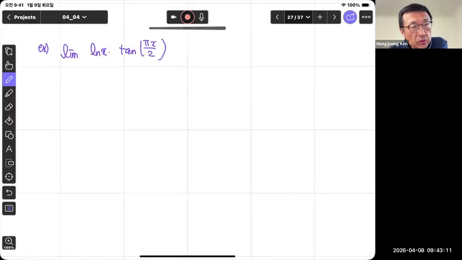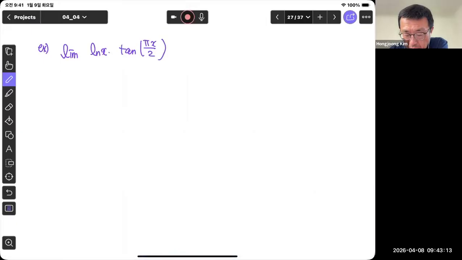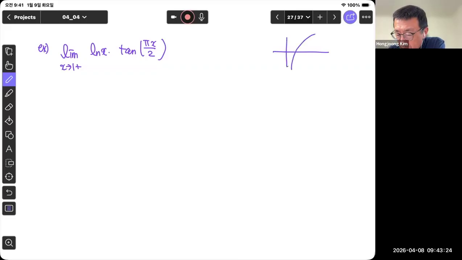And I want to consider the limit as x approaches 1 from the right. If you remember the logarithmic function graph, as x approaches the value 1 from the right, log x converges to 0. Okay, then what happens with this tangent?